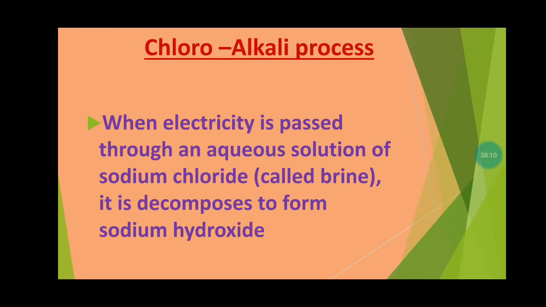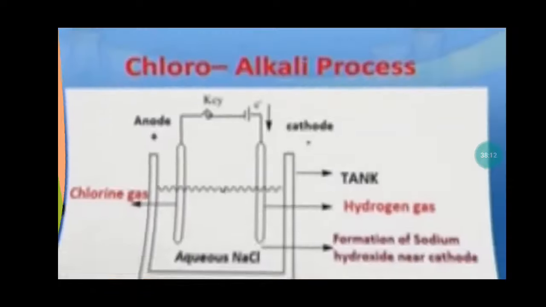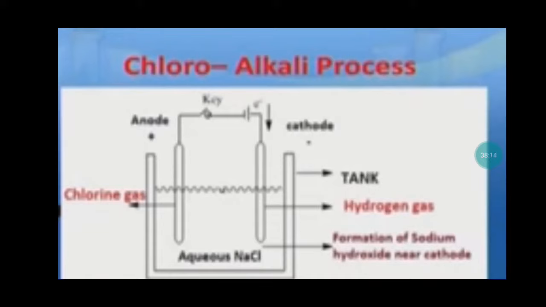Now you see the diagram. Here there is aqueous NaCl, that is nothing but brine solution. Now what is the anode here? Anode is the positive terminal. What is the cathode? Cathode is the negative terminal. Whenever NaCl dissociates, it forms Na plus ions. It is a cation. It is attracted towards the cathode.